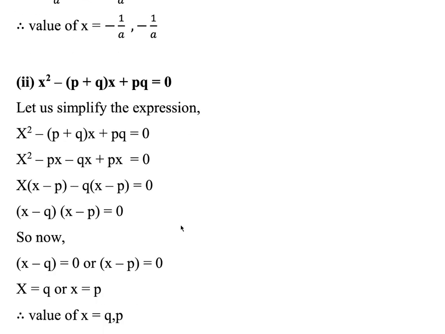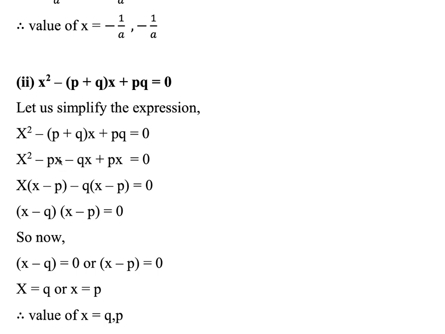Come to the next problem, x square minus (p plus q) into x plus pq is equal to 0. So how to simplify that? x square minus (p plus q) into x plus pq is equal to 0.